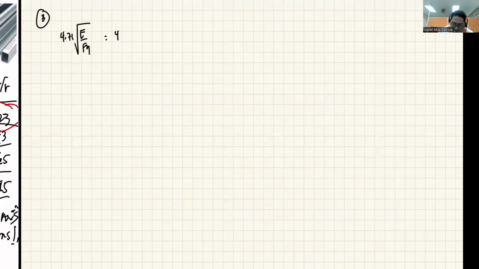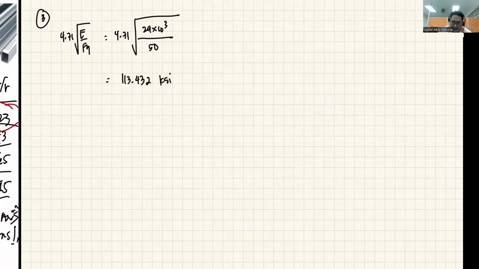So that is 4.71 square root of 29,000 divided by Fy natin is 50, that is 113.432.